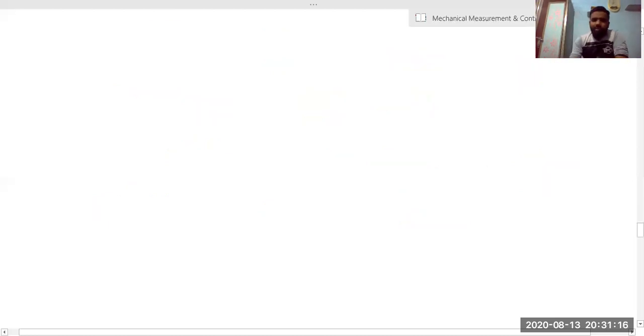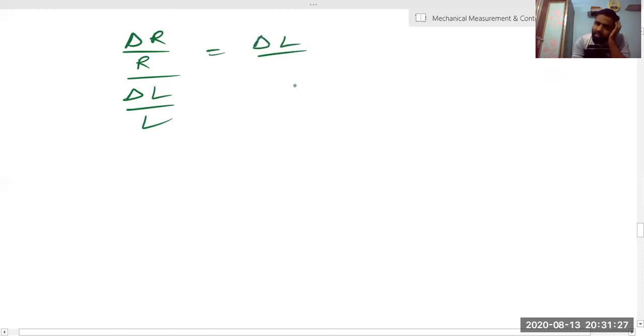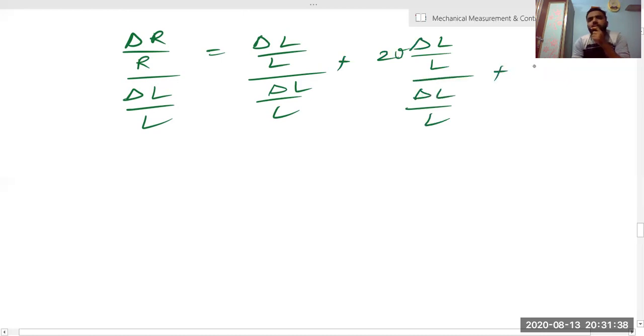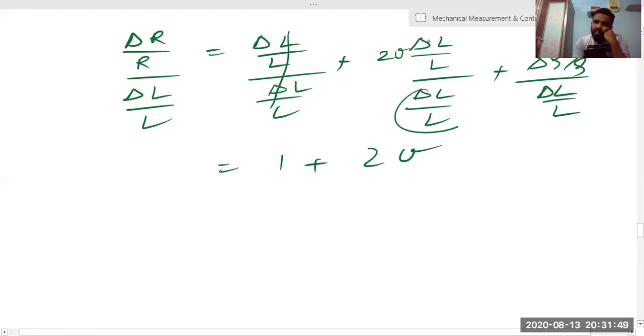So dividing by delta L by L, delta R by R upon delta L by L will be equal to delta L by L upon delta L by L, plus 2 mu delta L by L upon delta L by L, plus delta rho by rho upon delta L by L. Now this will get cancelled, so what will remain here is 1. This will be 2 mu because both terms will get cancelled again. And here it will be delta rho by rho upon delta L by L.